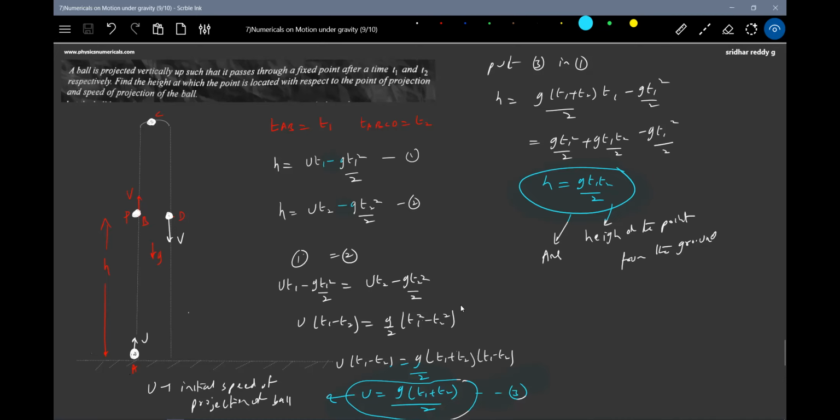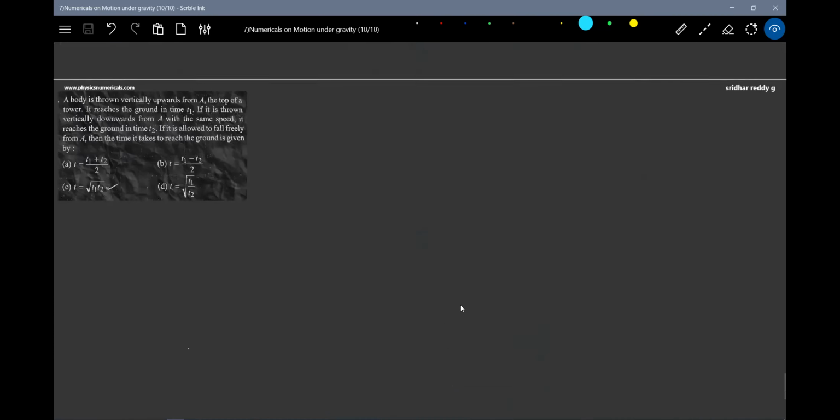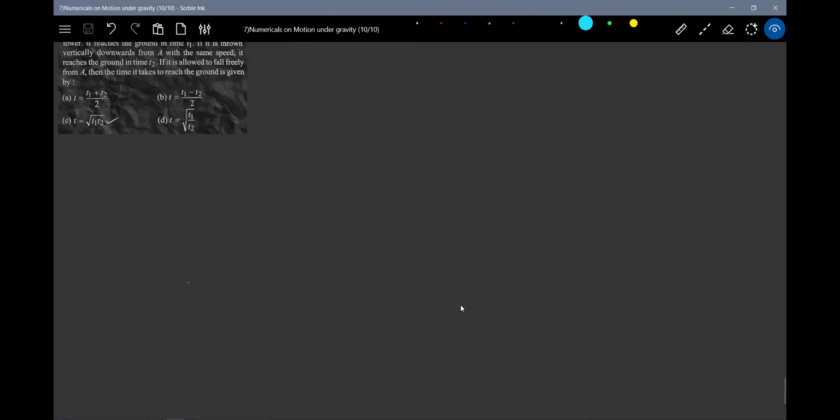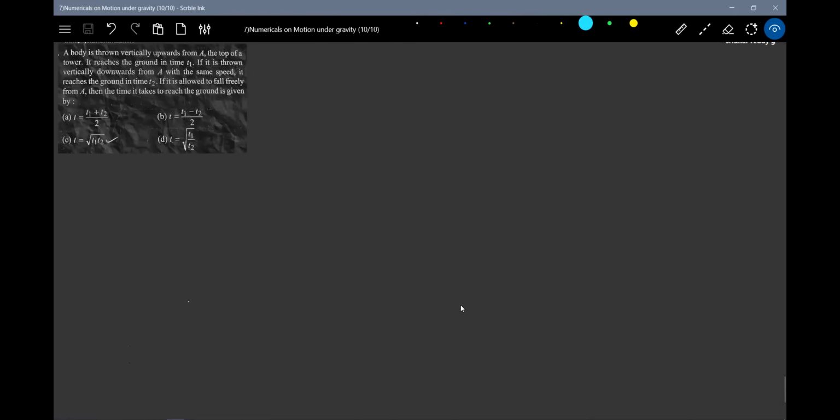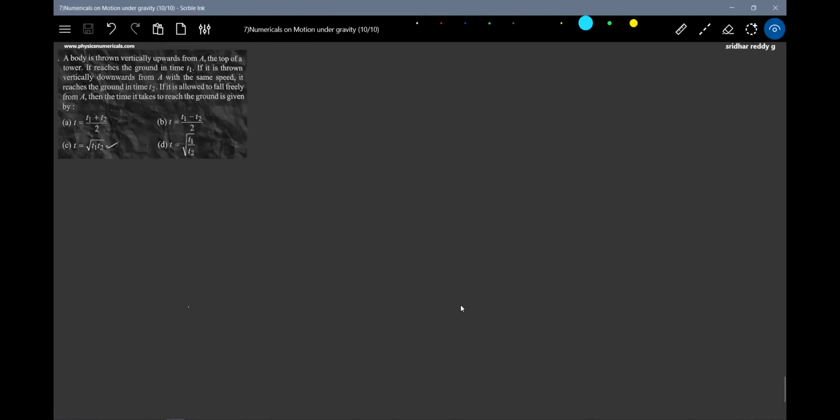Lastly, we'll have one more numerical. A body is thrown vertically up from the top of a tower.